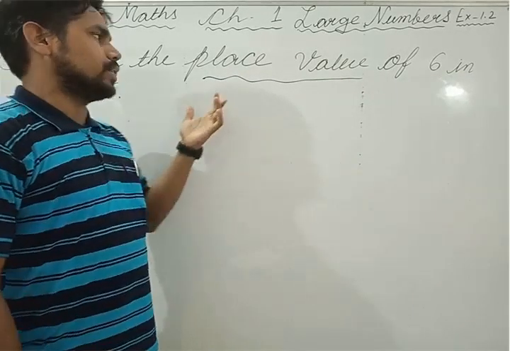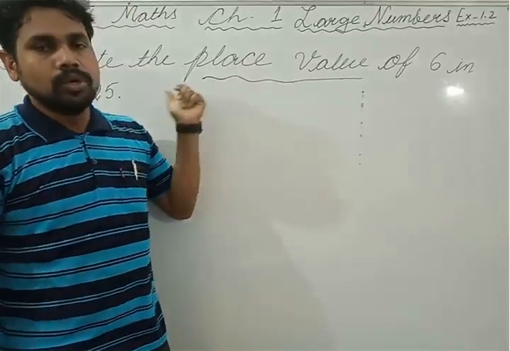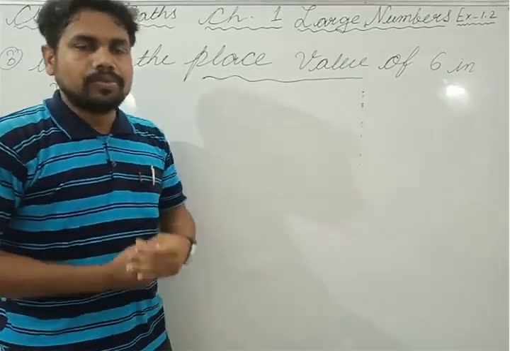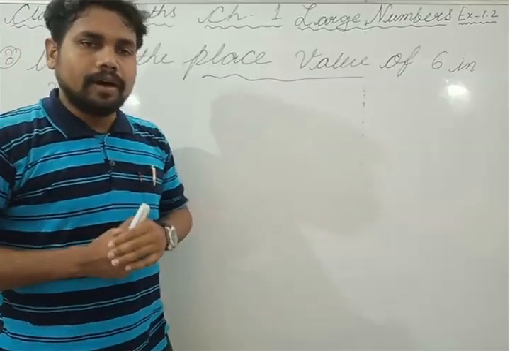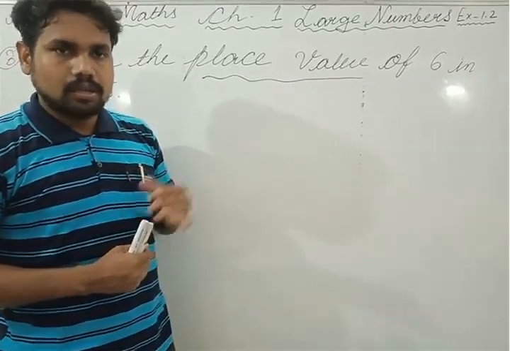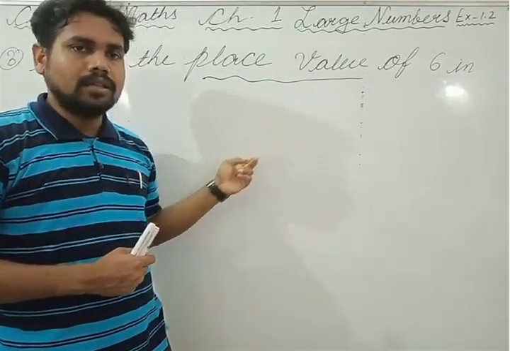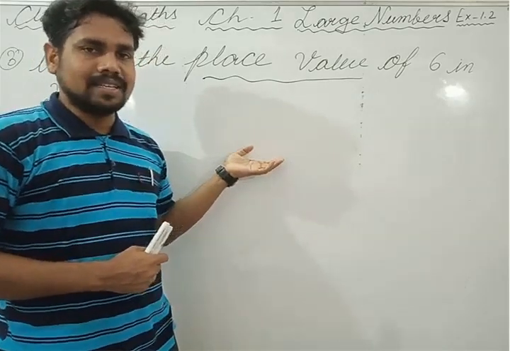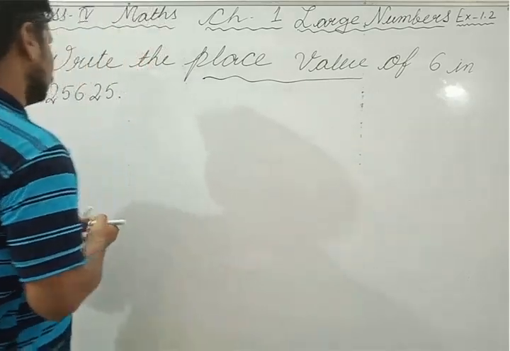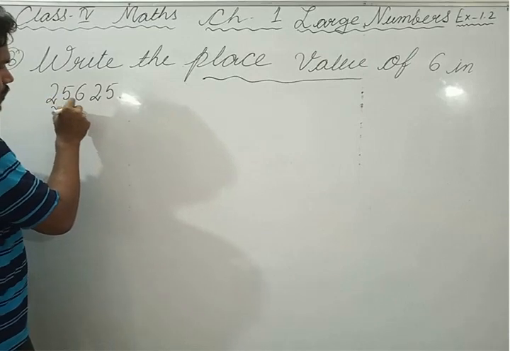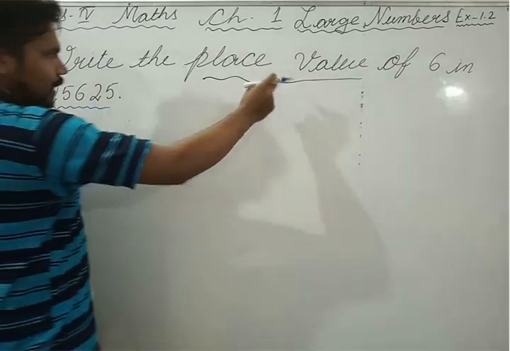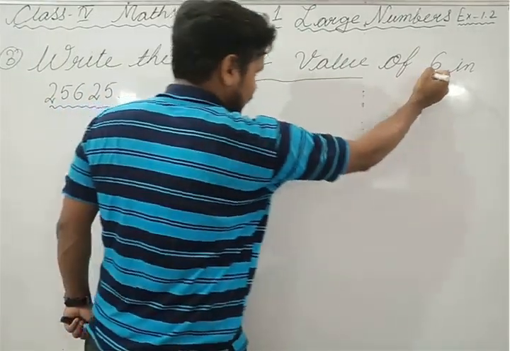So first we have place value. The place value is the number multiplied by its place. For example, we can take this one. Suppose this is the number, and you have to write the place value of 6.